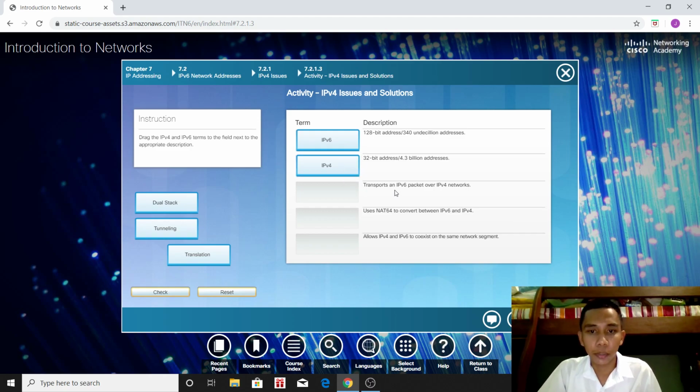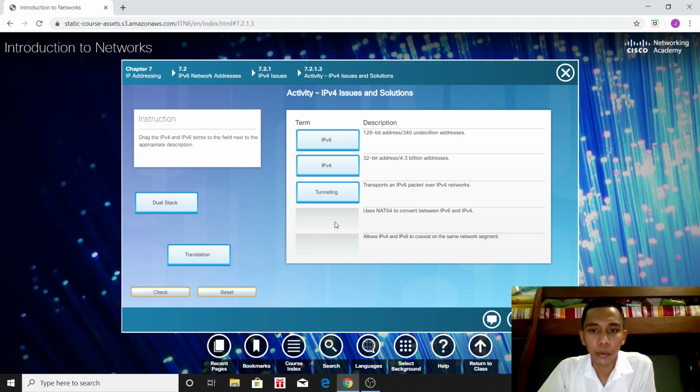So the next is transport an IPv6 packet over IPv4 network. So tunneling. Then uses NAT64 to convert between IPv6 and IPv4.